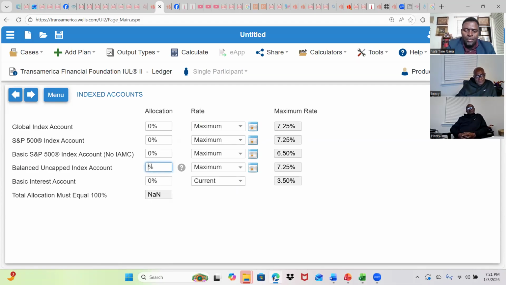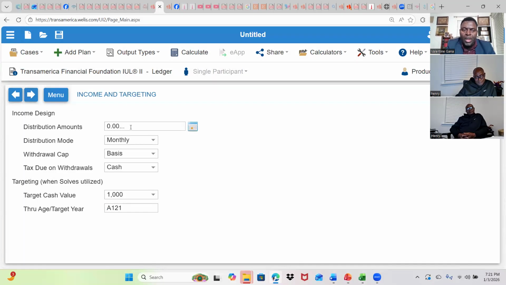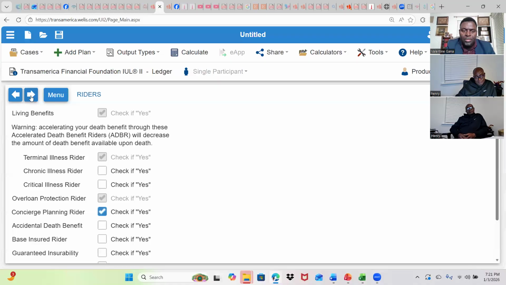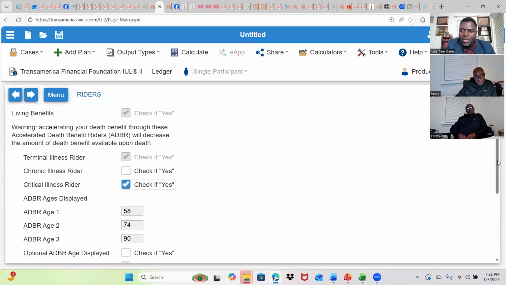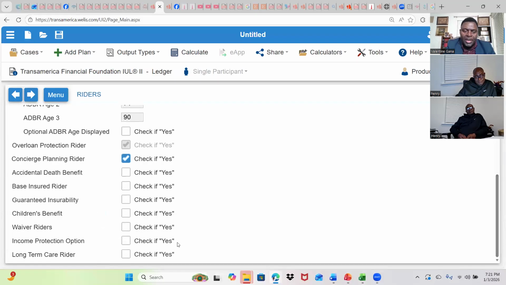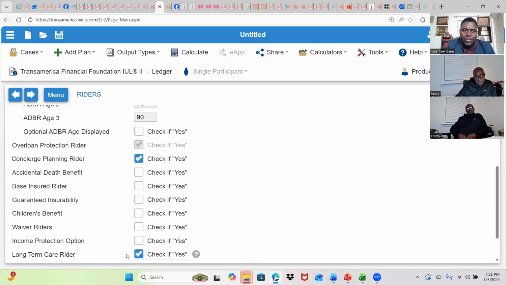So we put their money in balance on cap. This is just showing how they'll take money at retirement. We don't want to bother about that now. We give them coverage for critical illness. We give them coverage for long-term care. Okay.